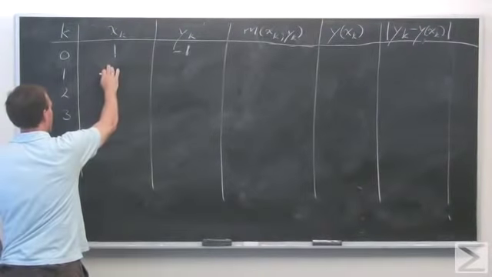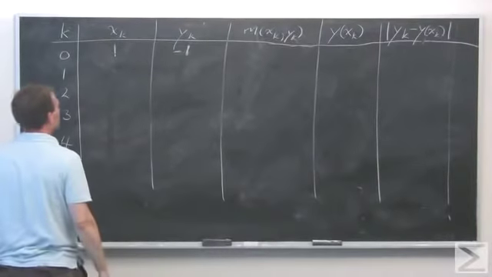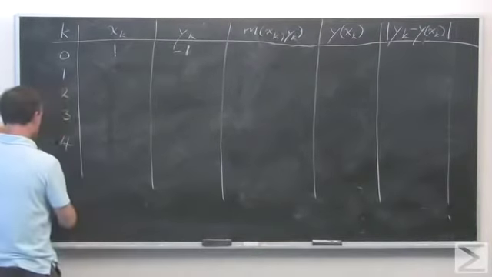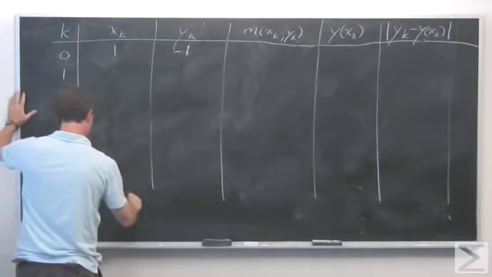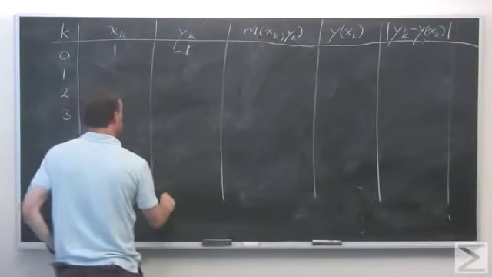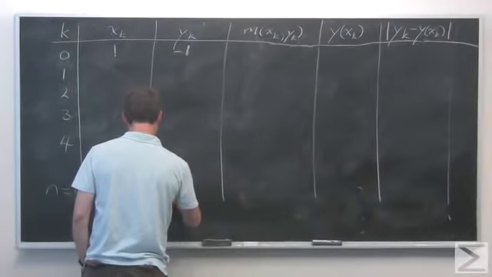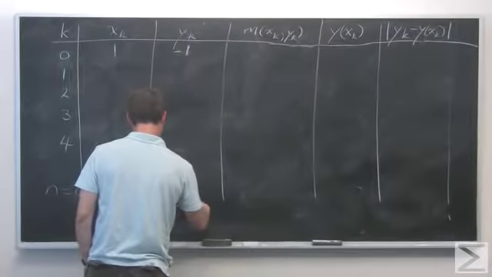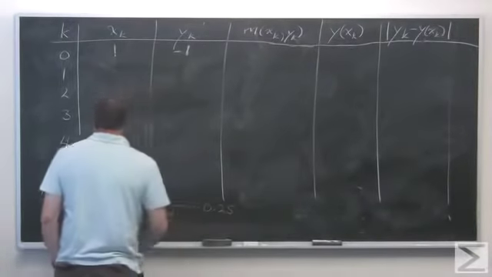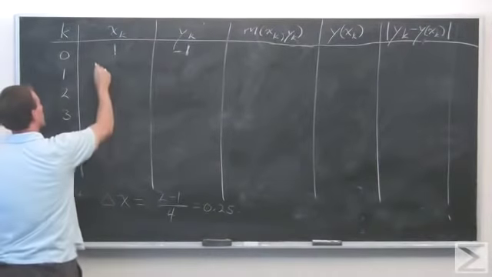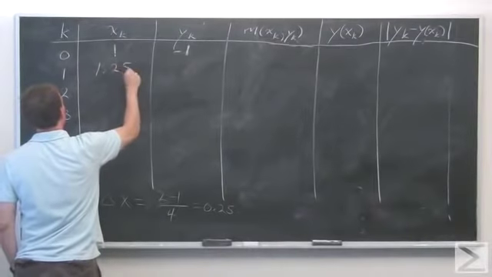You can also go ahead and complete this column. Because we've picked a number of steps, n is 4, we calculated delta x is 2 minus 1 over 4. So it's a quarter, and so our x's go up by 0.25 each time. So you just add 0.25 to the entry above it.